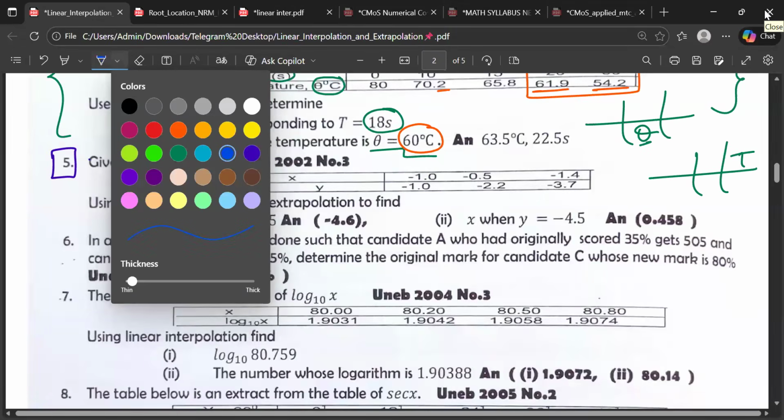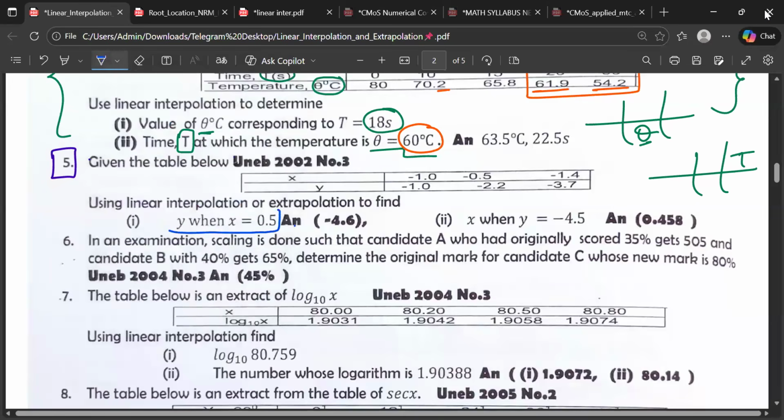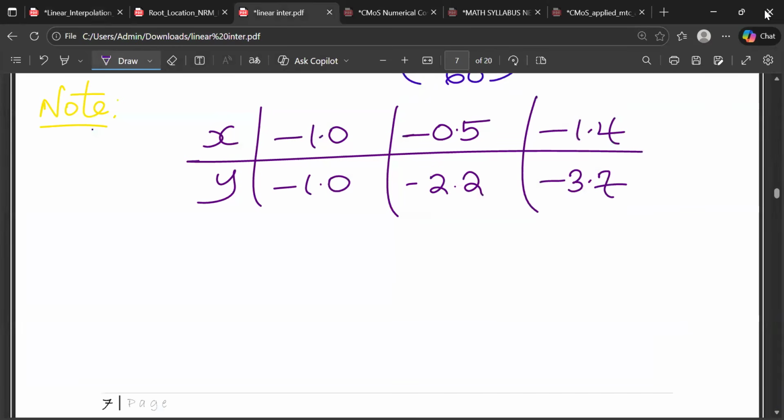The question is asking for the value of y when x is 0.5. People, they are telling us to find y when x is 0.5.